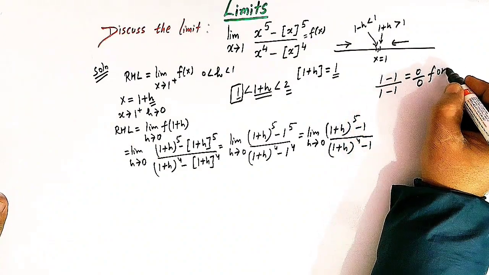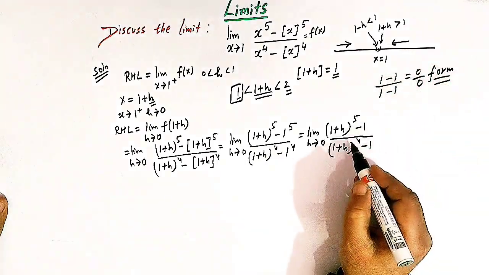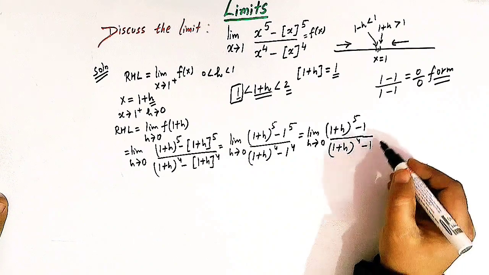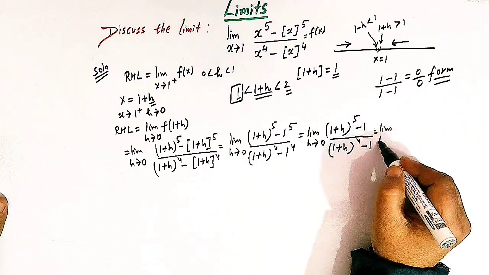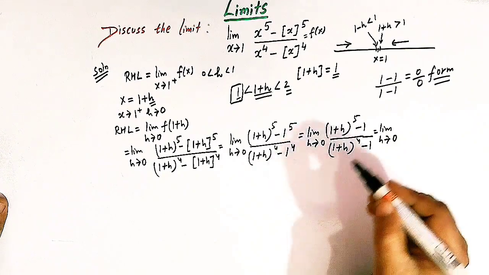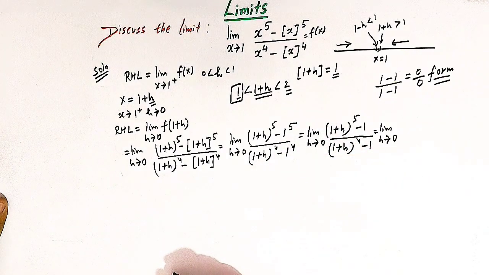So we get the 0 over 0 form, and we can easily apply L'Hopital's rule by differentiating the numerator and denominator separately with respect to h.